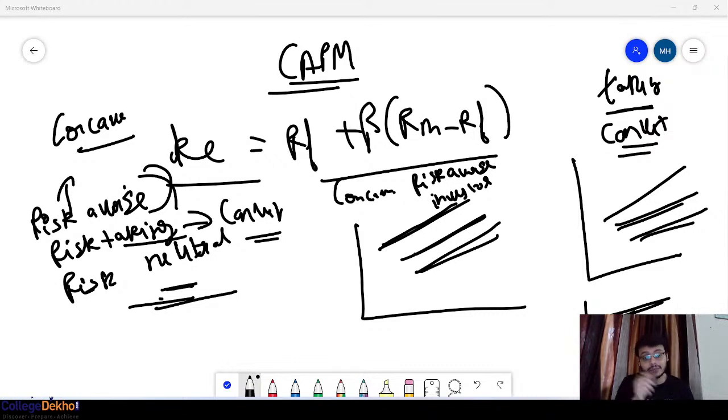Tell me one thing, if you are doing direct stock picking, buying individual stocks, and the TCS share is 3,500 rupees, can you buy half of TCS? Can you buy 1/4 of TCS?